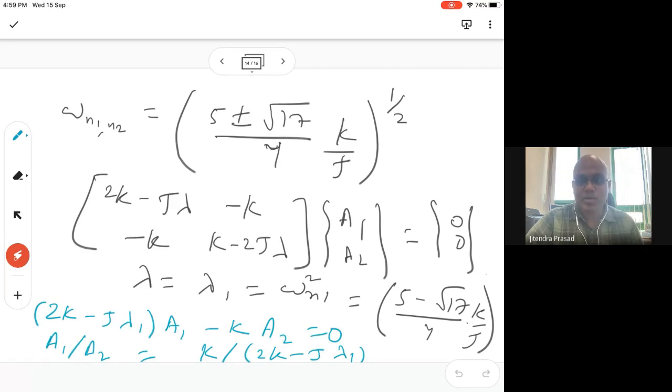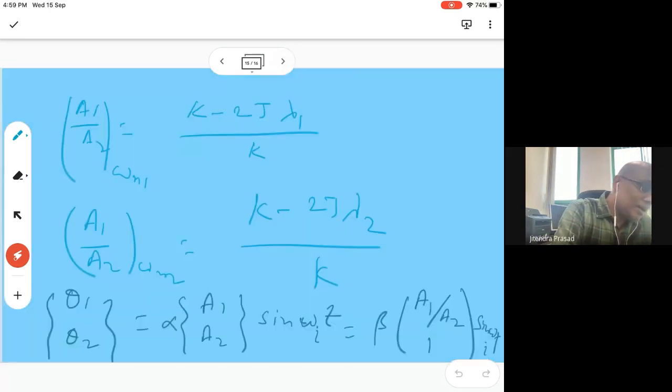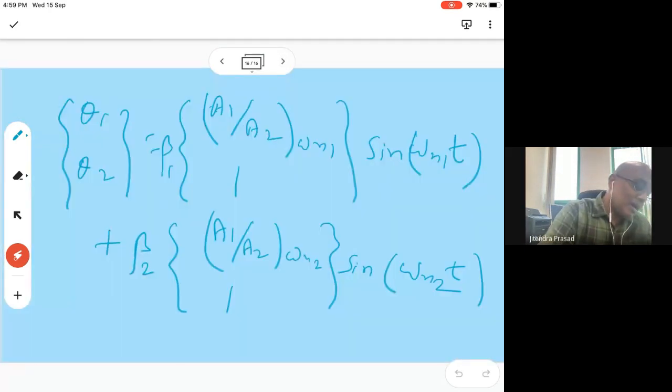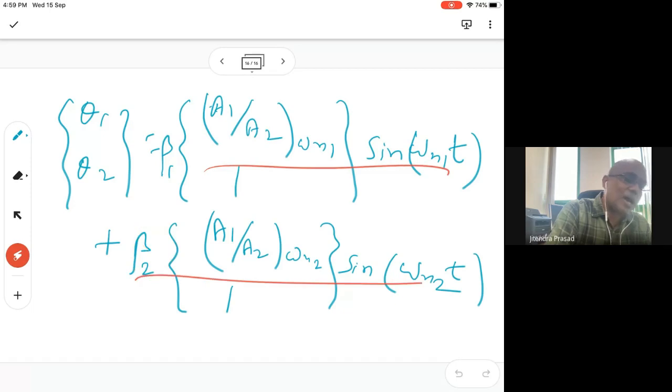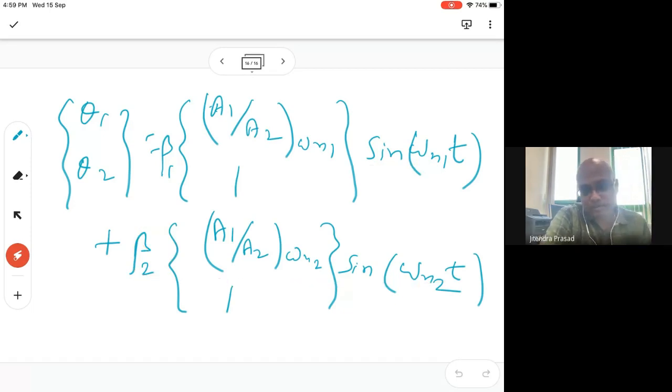But it will tell you the behavior. And finally, you can sum up the combined behavior. This one is normal mode number one, this is mode number two, and you combine them together, beta 1 plus beta 2. This will tell you the combined mode of vibration.